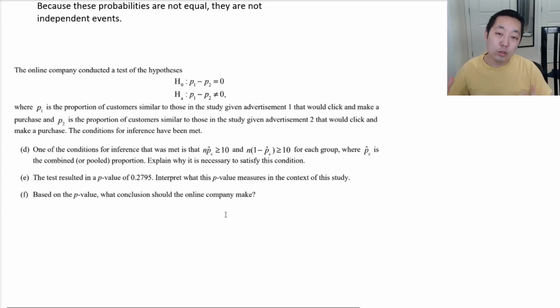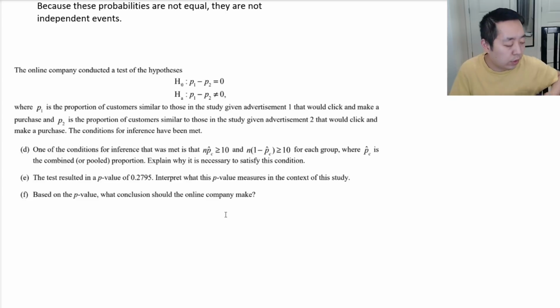Okay, this is one of the conditions that are necessary when you're doing proportion testing. And that's because, if you remember back, it depends on how it was covered for you. But one of the things with proportions is that it's like a binary outcome. Each person has a choice here. They're either going to click or they're not going to click, or it's going to be yes or no. That's one of the things about proportions: it's the percentage of people in one category versus another category.